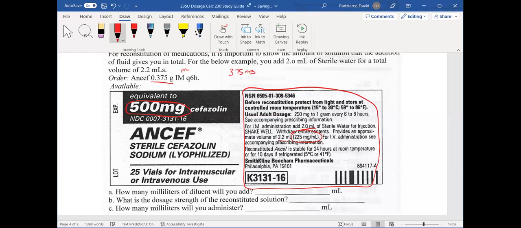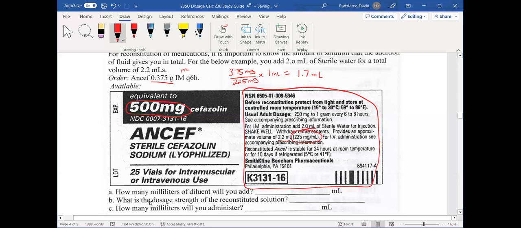And then if I'm doing ordered over available, my available is 225, and then times my 1 milliliter. And then I'm just going to take 375 divided by 225. I'm going to get 1.6 repeating. And I'm just going to go ahead and round that to 1.7 milliliters is how much I would administer.